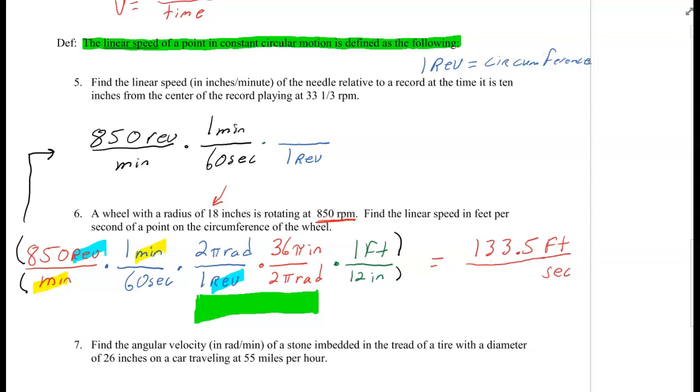So some people combine what I underlined in green to 1 revolution is 36 pi inches. And if you prefer to do that, those two expressions are equivalent. And then you still need to multiply by 1 foot over 12 inches. If you do it this way, you will also get 133.5 feet per second.